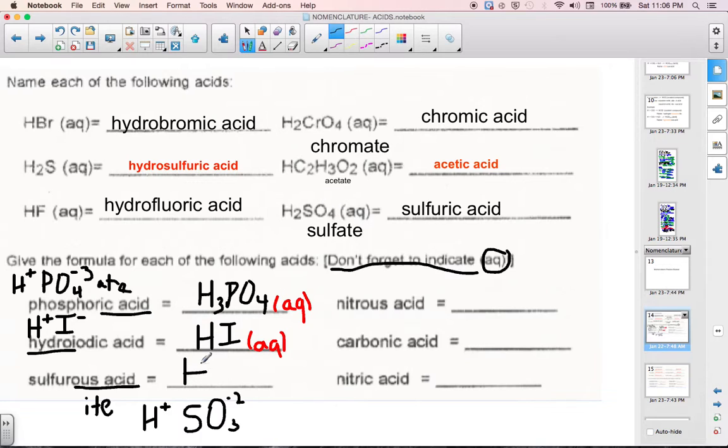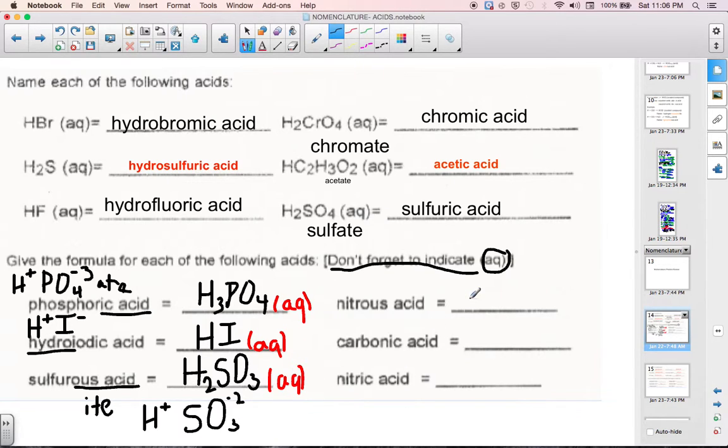So I am going to have H2SO3. And again, I have to make sure I add the aqueous symbol on the bottom. And now I have a sulfurous acid formula.